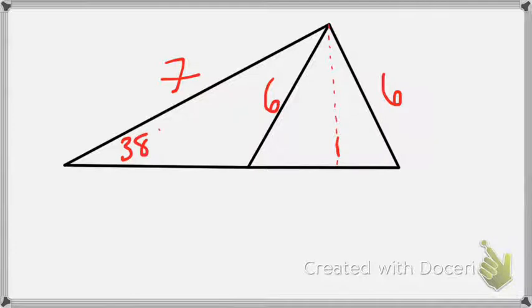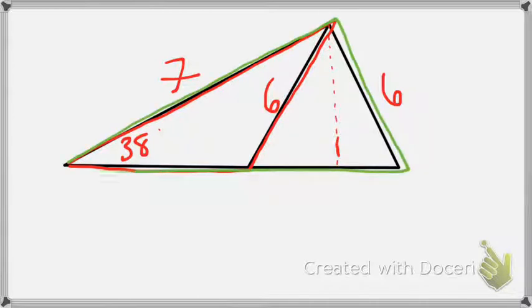There are 2 possible triangles that you could have. One triangle is here, the one I'm outlining. And the other triangle, let's use a different color. Use green. The other triangle is here. 2 possibilities. So the question is, how can we find these 2 angles?